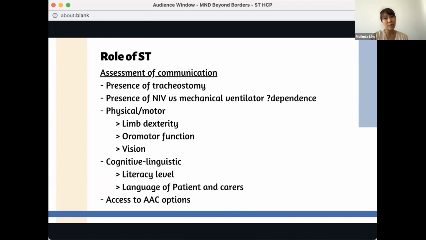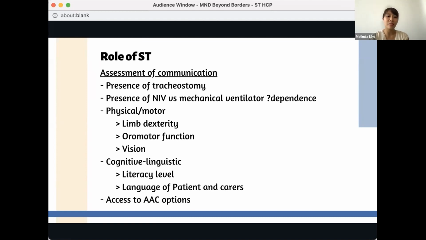And the dependence: if the person has respiratory weakness but it is early days, which means they're not fully dependent on the non-invasive ventilator or a mechanical ventilator hooked up to the tracheostomy all the time, this gives us an option to explore certain communication options, which I will touch on later, which can allow easier speech.